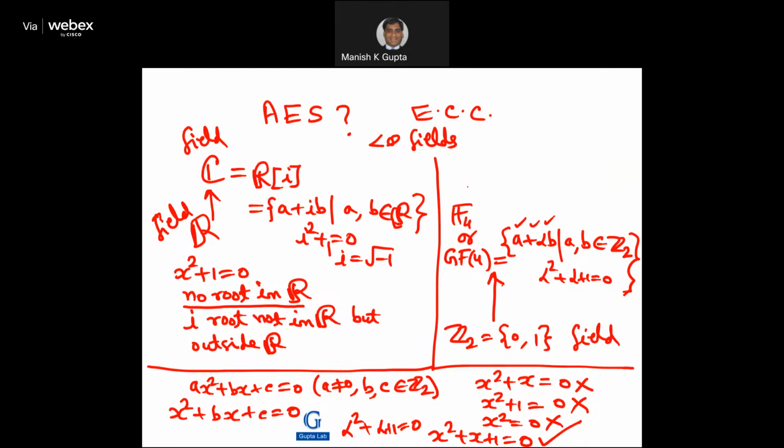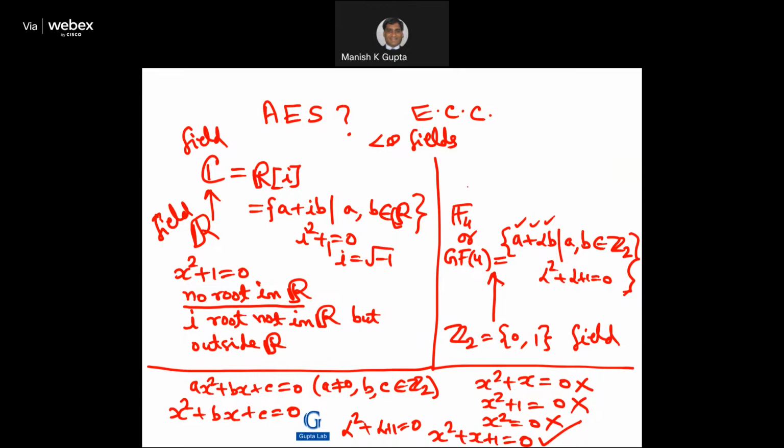So this machinery is a very basic way of constructing larger fields from the ground field. Take a polynomial which is irreducible over the ground field, meaning it has no root over the ground field, take the root of it, attach it to the ground field, and you get the bigger one. The mechanism is like a plus ib, where a and b are reals.